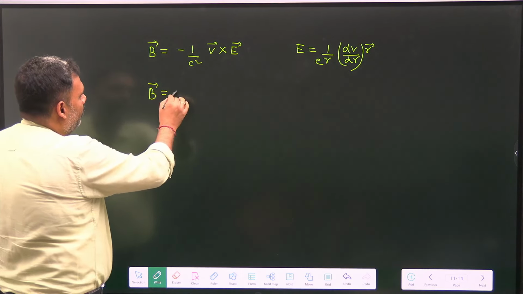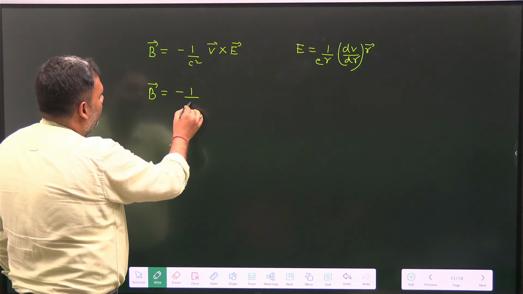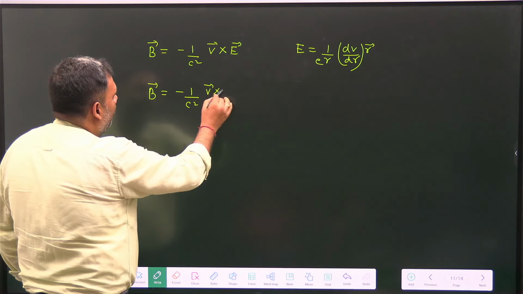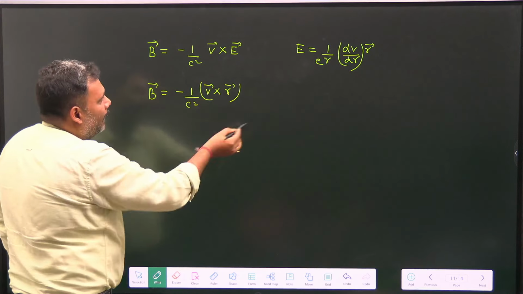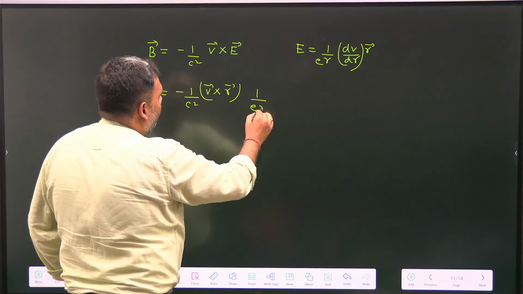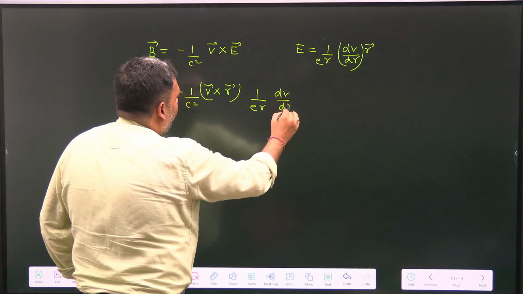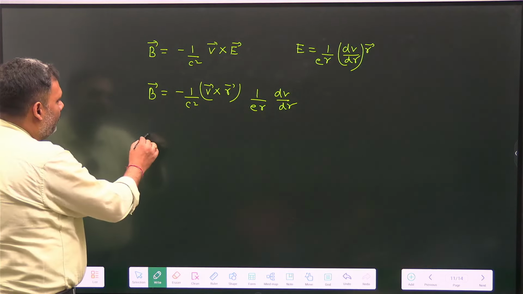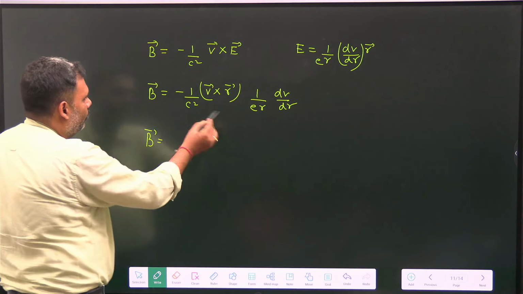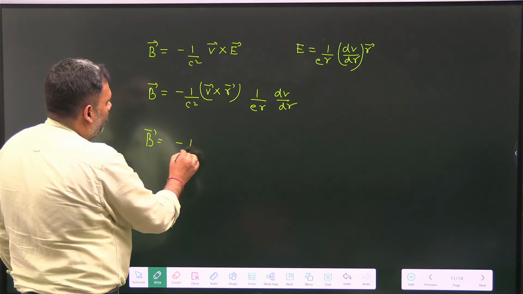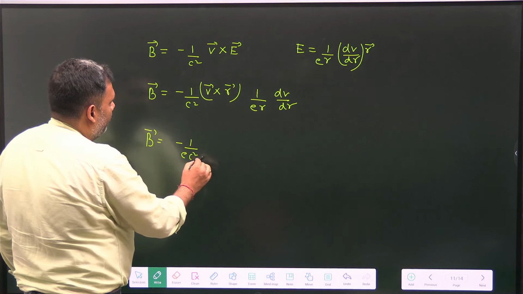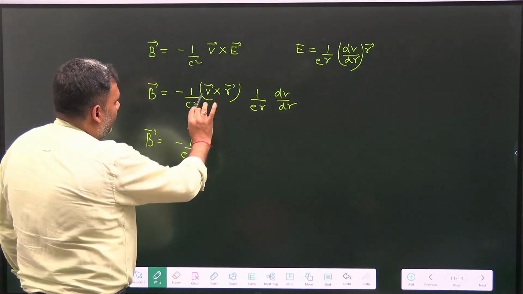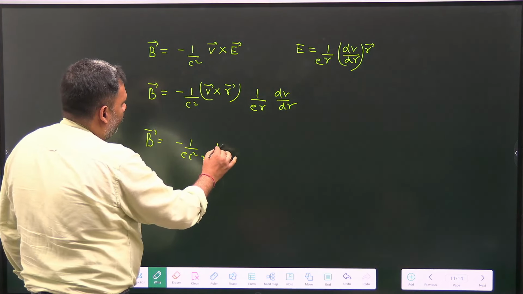This B is equal to minus 1 upon C square V cross r will be there, and the scalar part is 1 upon E R dV upon dr, लिख सकते हैं। And what will happen, this B is equal to minus 1 upon E C square R, and we have V cross R dV upon dr.